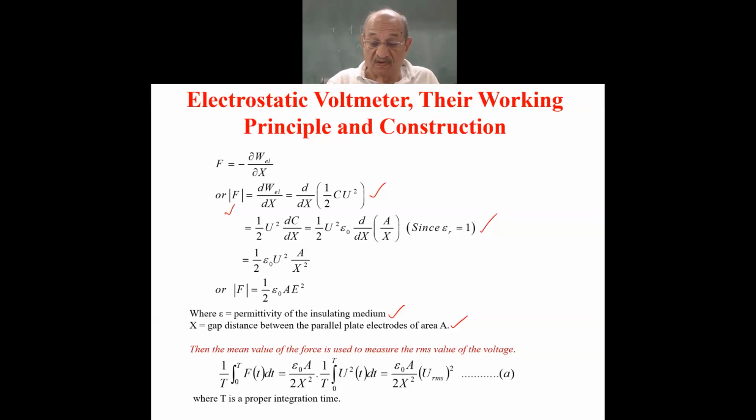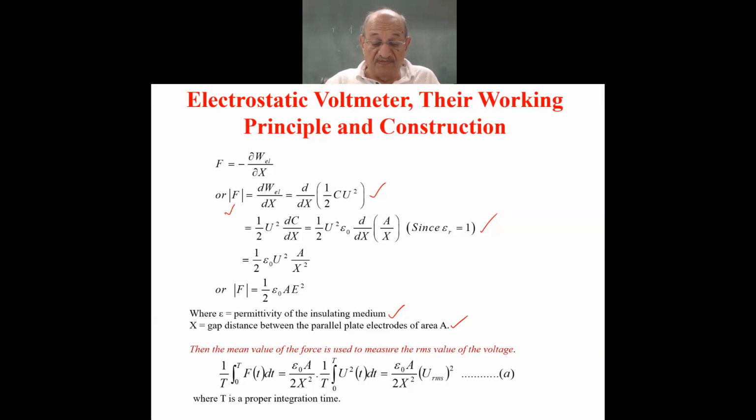So X is also, you can say, fixed. So the force is proportional to U square, and this gives you here the mean value. It measures the mean value of the voltage being applied.